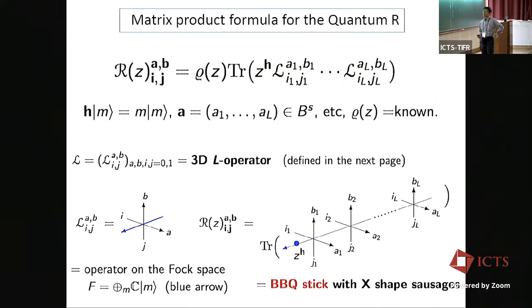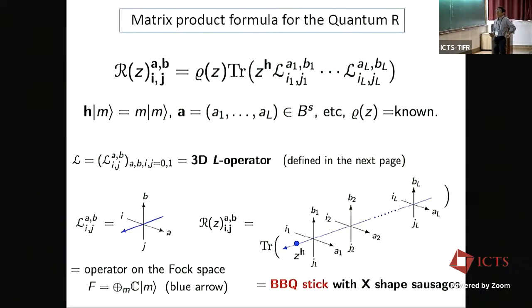But there is a practically useful and efficient formula known like this, which is a matrix product formula for the quantum R. This is less known, but very efficient. This rho is just a normalization to achieve the normalization that I mentioned. It is explicitly known, but not necessary here, so I omit it.